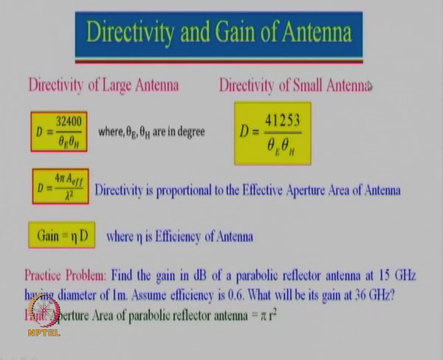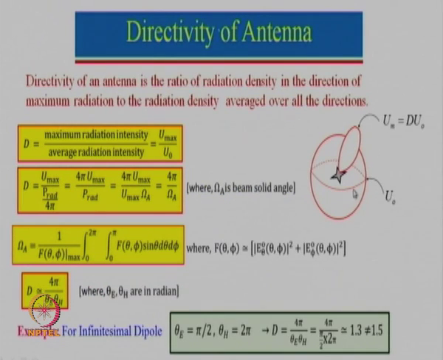Now this is okay for small antenna, but for larger antenna this is not a very good number. In fact, generally we use about 32,400 instead of 41,000. So why do we use this smaller number? The reason is that when we are talking about this solid angle, we are assuming that there is only one main lobe.